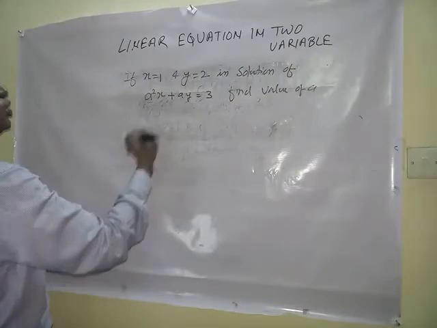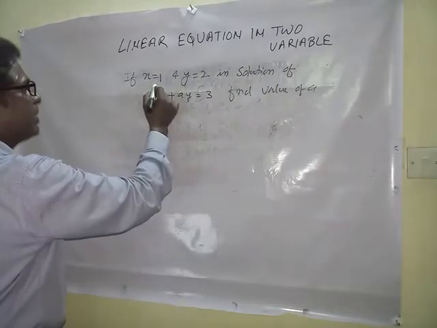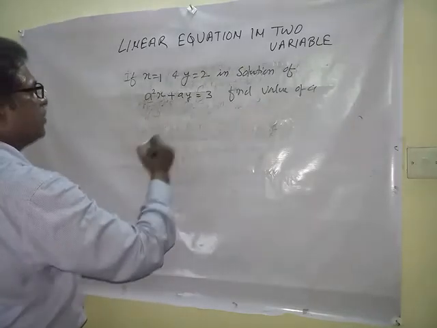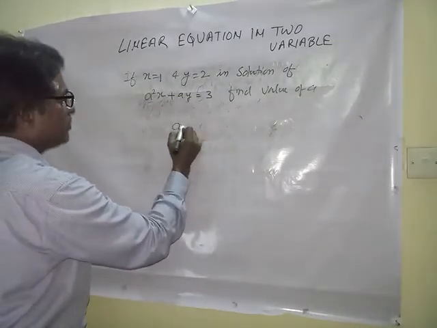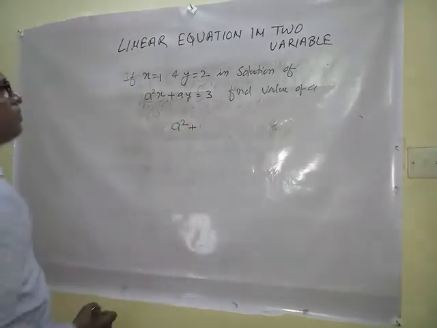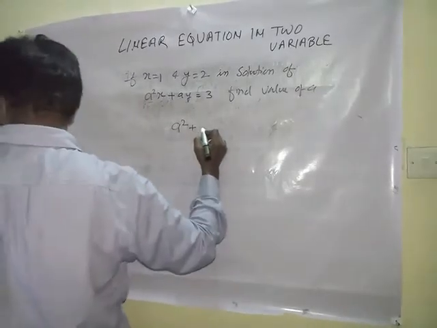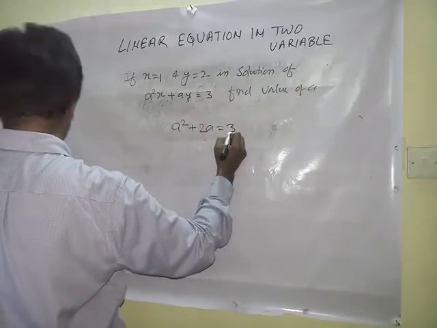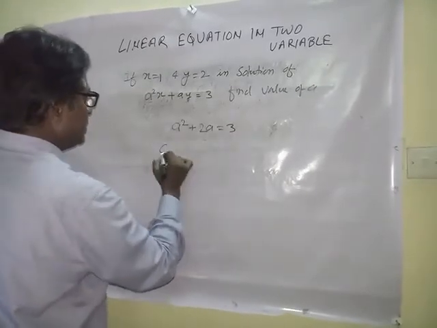What you have to do is simple. Given x is equal to 1, y is equal to 2, on applying the values of x and y, the equation will be a square plus 2a equal to 3.